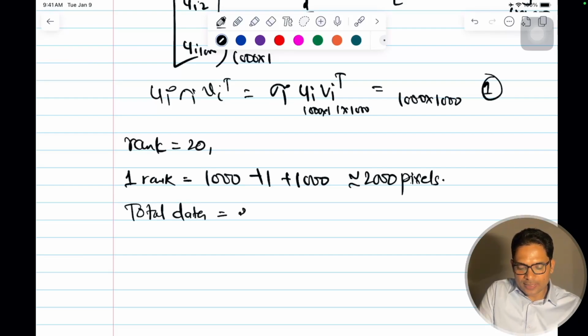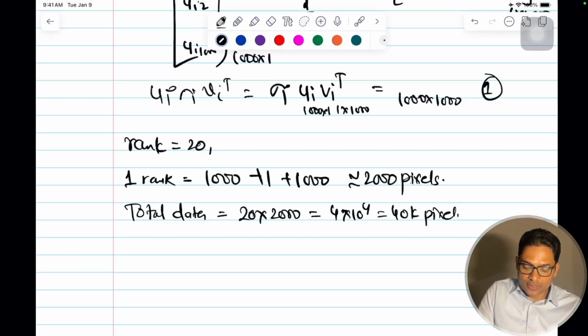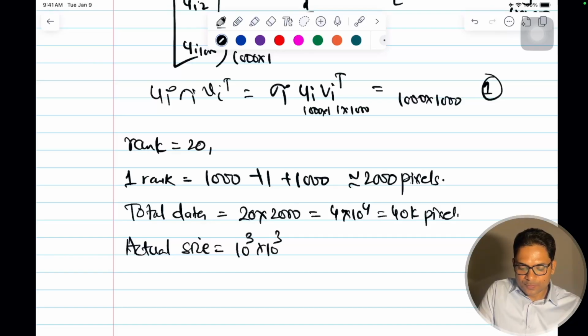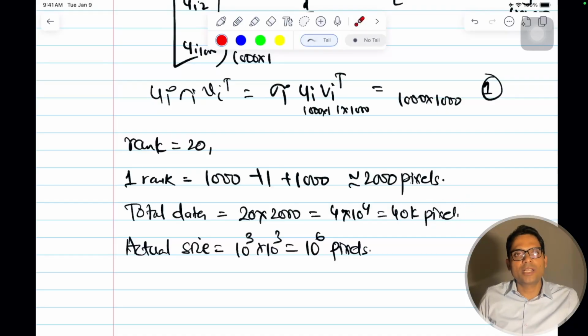This will be 20 ranks. This is an approximation, right? So 20 into 2000, that is 2 times 10 to the power 1 into 2 times 10 to the power 3, or just 40k pixels. Consider that the actual size was 1000 into 1000, that is 10 to the power 6 pixels, and just 40k pixels are sufficient.